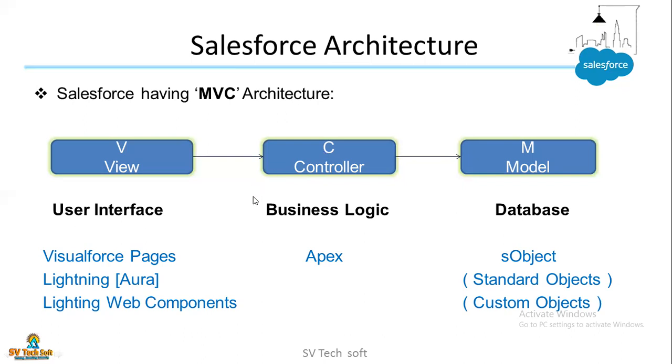But the most important thing we really need is the controller, which we can call the business logic or the middleware layer. What job does the controller do? The controller works as a mediator between your front end and the back end.